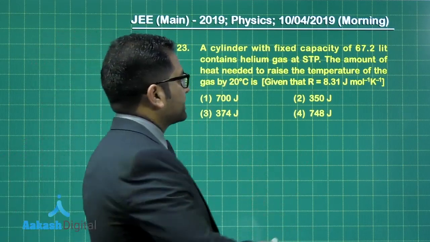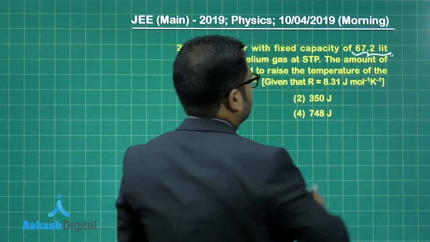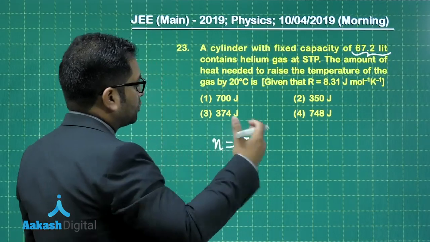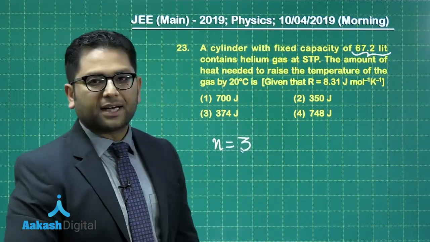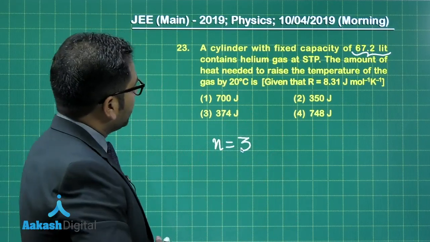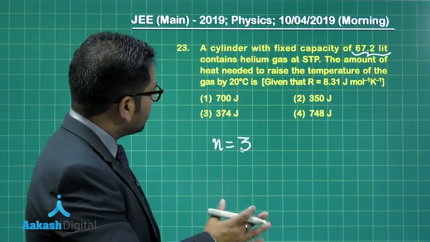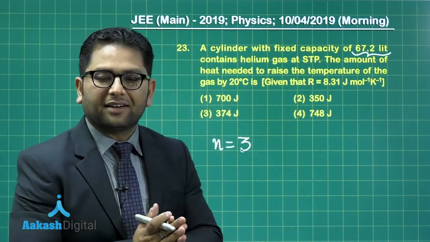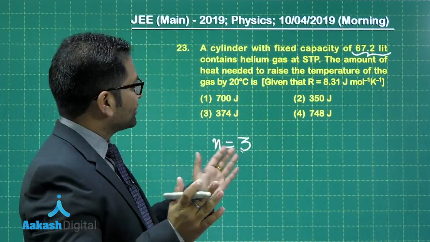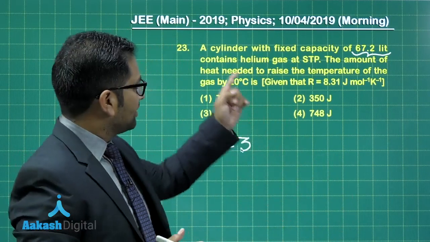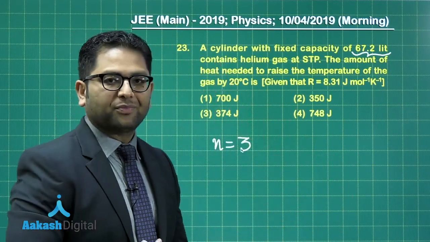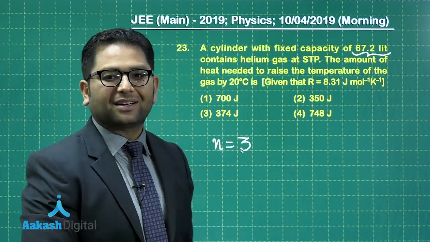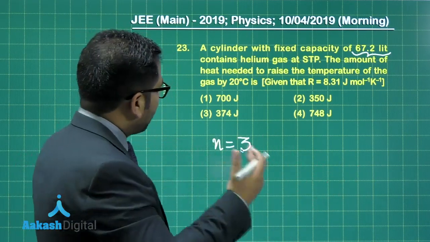STP, the volume is 67.2 liter, so obviously the number of moles would be 3, 22.4 multiplied by 3, right? You need to calculate the heat to raise the temperature by 20 degrees centigrade. And the process is isochoric, constant volume, the fixed capacity. A bit of deviated one, but yes, ultimately easily understandable.